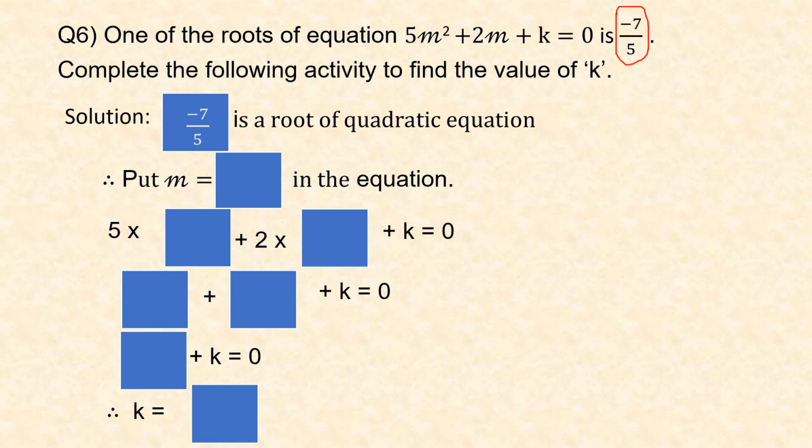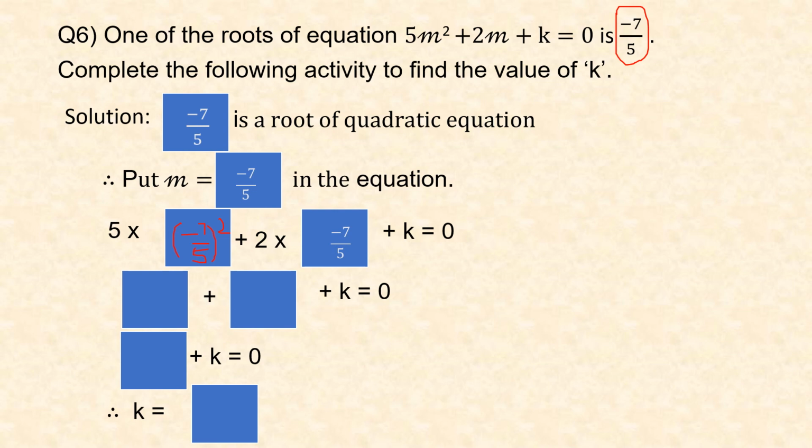Therefore, put m is equal to minus 7 upon 5 in the equation. Therefore, 5 into, here we write minus 7 upon 5 into bracket square plus 2 into minus 7 upon 5 plus k is equal to 0.